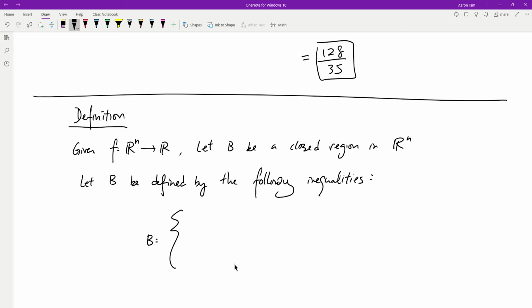So starting from the bottom, I'm going to say x sub 1 is between a1 and b1. x sub 2 is between the function a2 of x1 and b2 of x1.